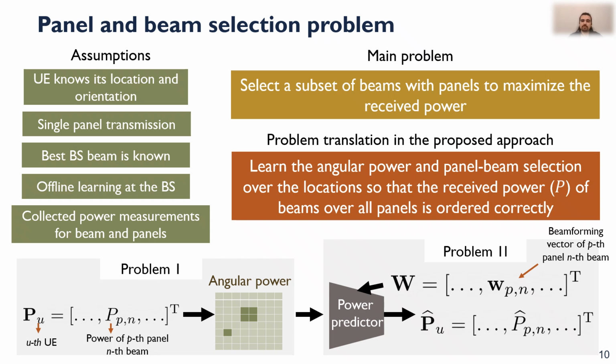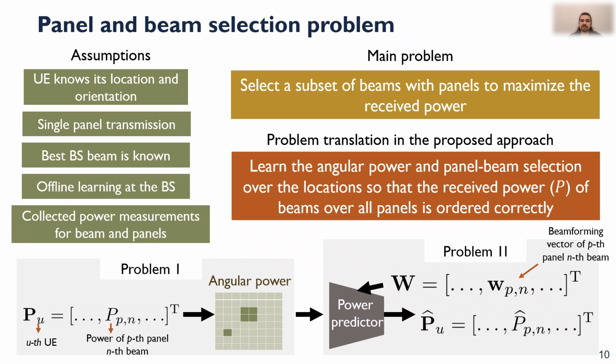The main problem is to select a subset of beams with panels to maximize the receive power. We identify two sub-problems in this beam selection problem. The first problem is to obtain angular powers from the receive power measurements. The angular powers are agnostic to the antenna configuration and codebooks.